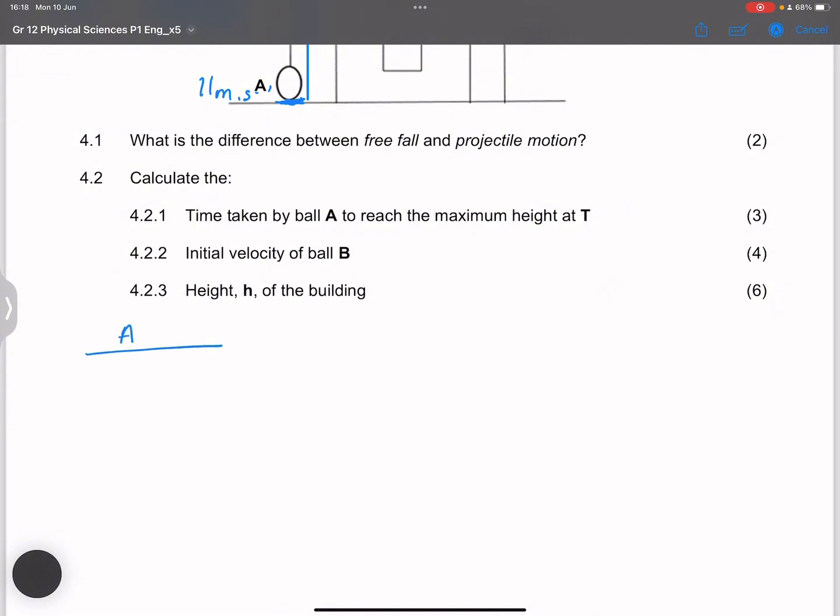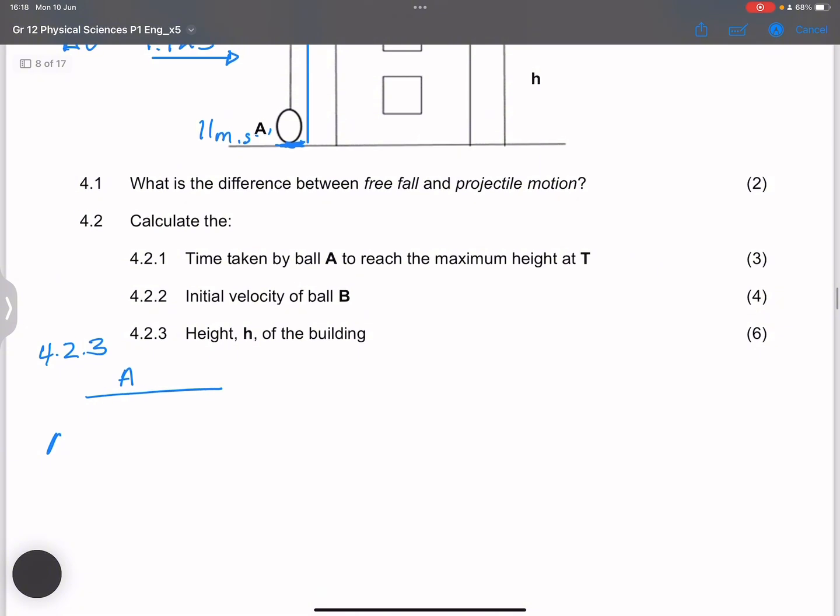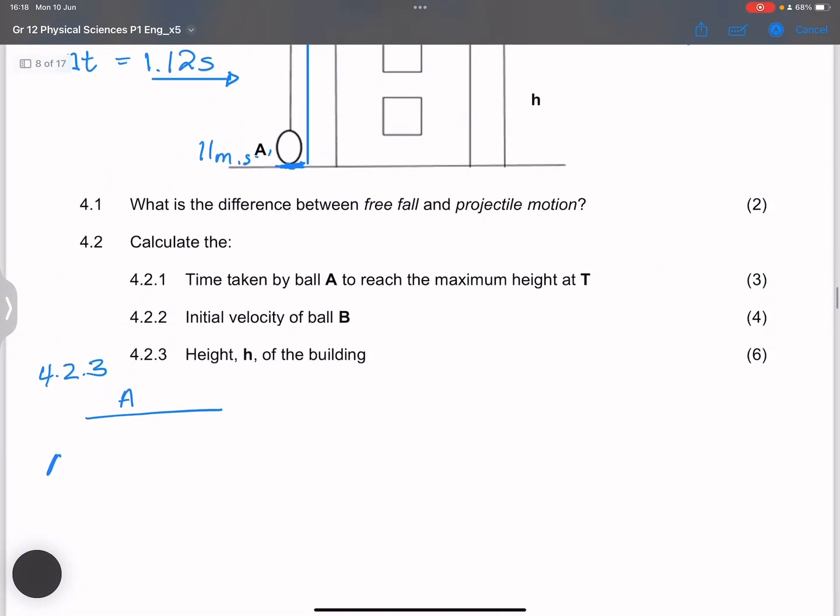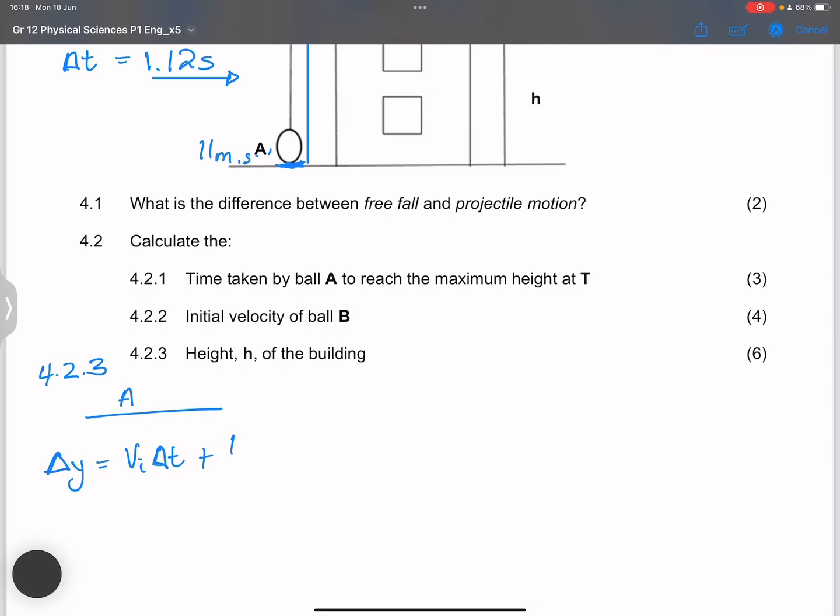Okay, so for 4.2.3, I'm going to find, and let's see, we've got the initial velocity for ball A. Actually, yeah, we can. So we can say delta y is vi delta t plus 1 over 2 times a delta t squared.